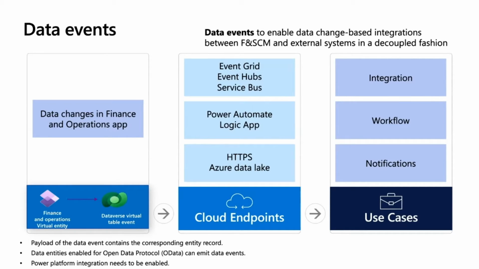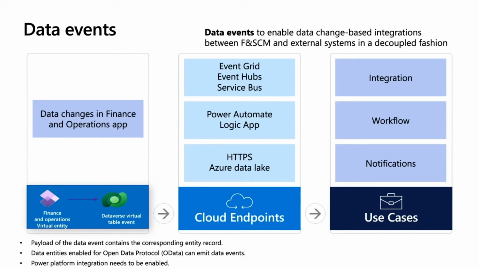So if any data source in that entity has any kind of create, update, or delete operation, you can track that using data events. Then same endpoints, and you can use it for the same use cases. It's just that the starting point of your integration differs when you use data events and business events. Business events are for business processes, data events are for any data changes happening.